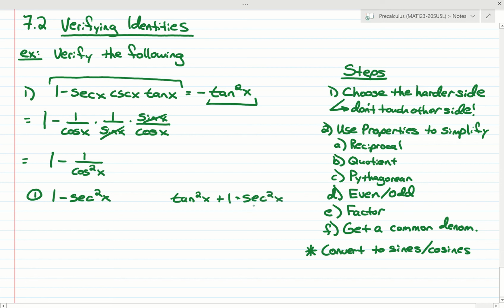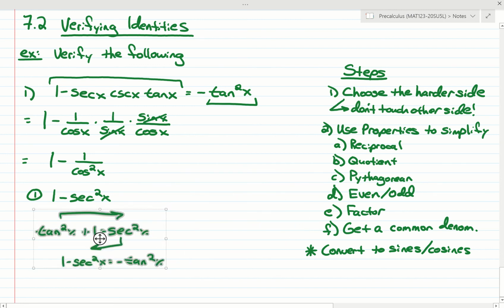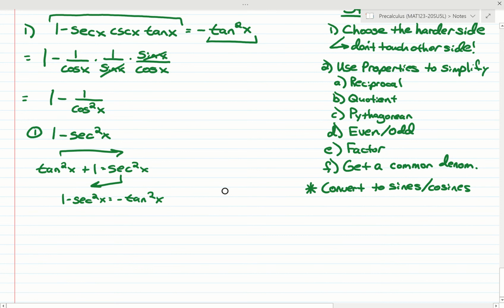So what would 1 minus the secant squared be? Well, if we rearrange this, we'd get 1 minus the secant squared of x is equal to negative tangent squared of x. And all you have to do is just show that work. And that would be it. We just showed how we turn the left side into the right side. That would be one way to finish it.